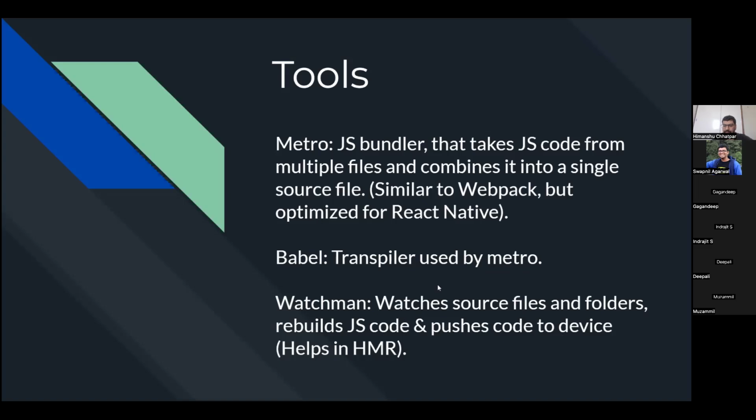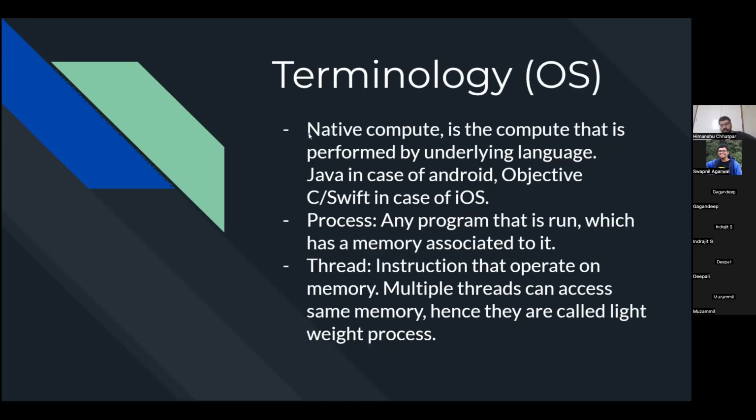If something updates, it triggers a hot module reload and makes sure your device, either the emulator you're running on or the actual physical device connected through USB, is in sync with your code. So it basically does hot module reload for you.